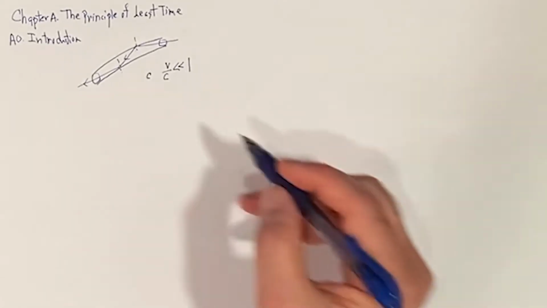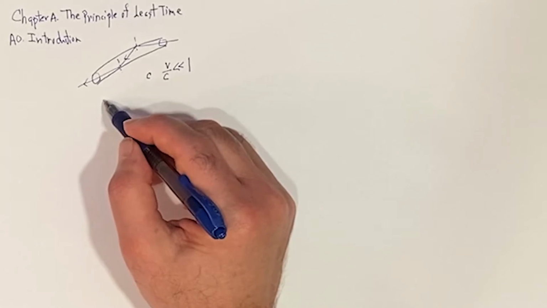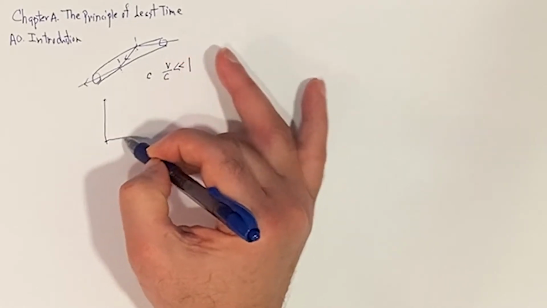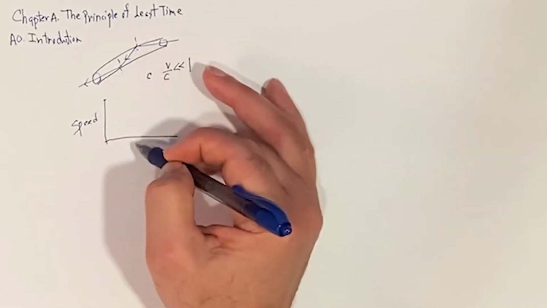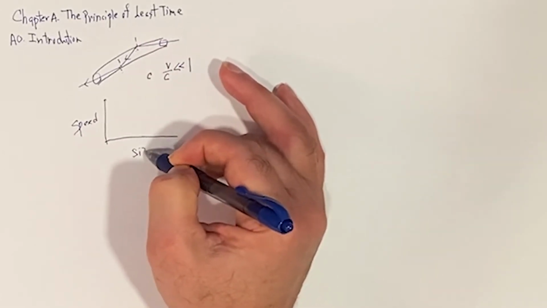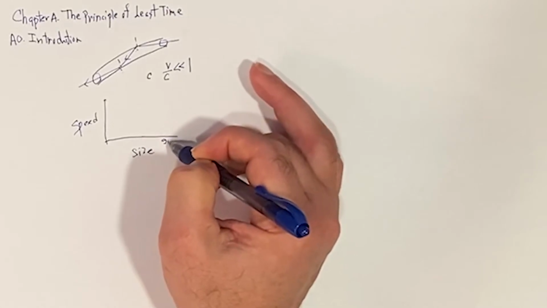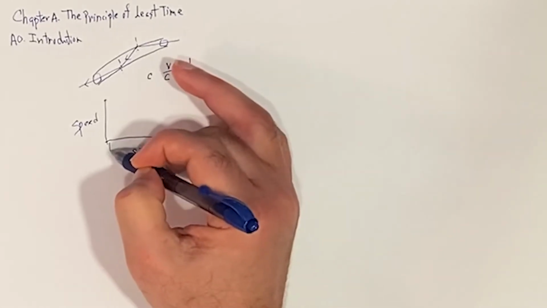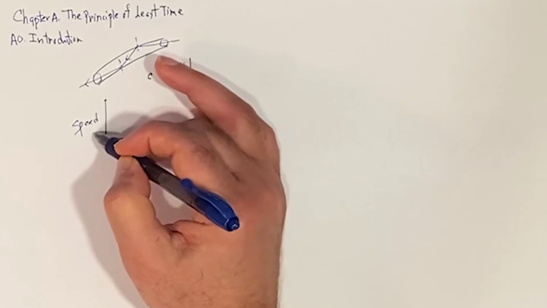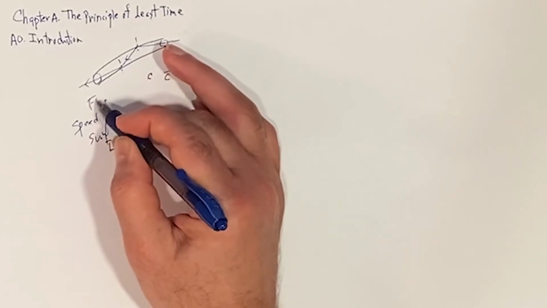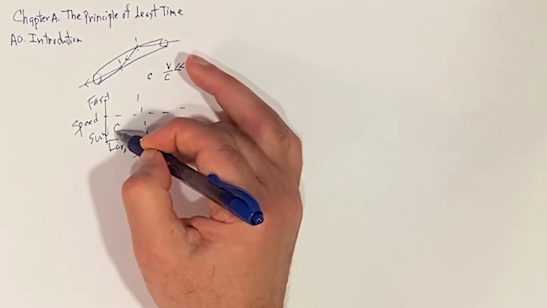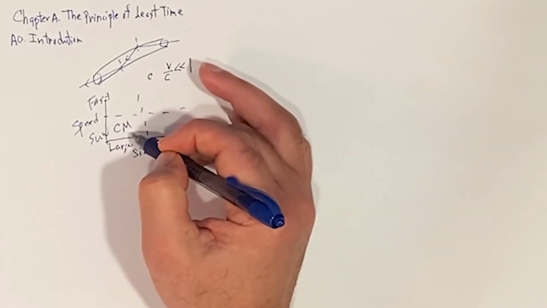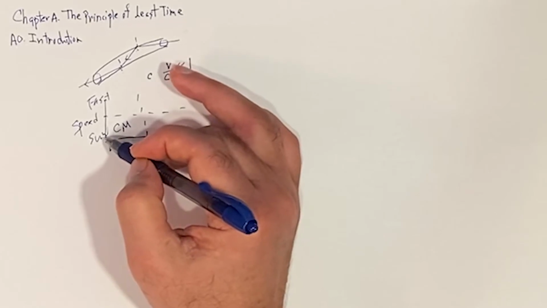So you get Newton's laws, and you can see here in a quick little summary, if I have here a speed axis for the laws of physics, and here you have, say, size, and if small is down here, we're going to make the large one on the left, and this is slow, and this is fast, then if you look at these regions, this is classical mechanics, that's Newtonian physics, large and slow.